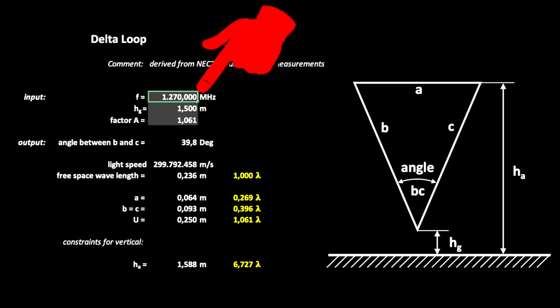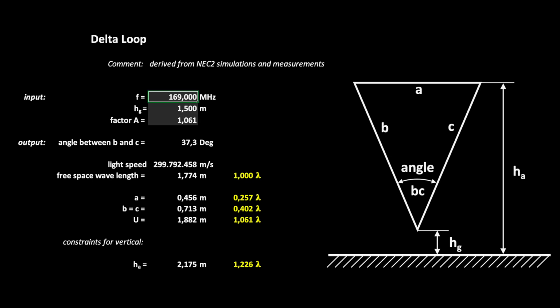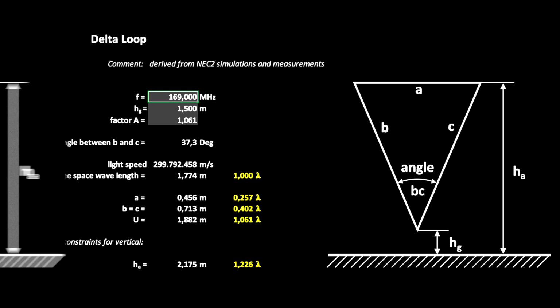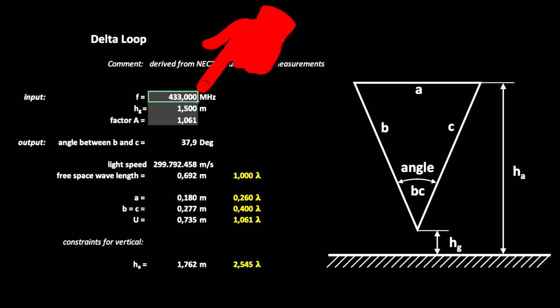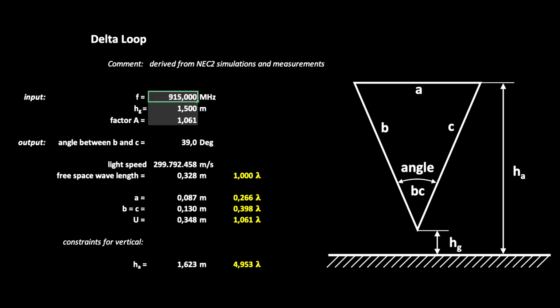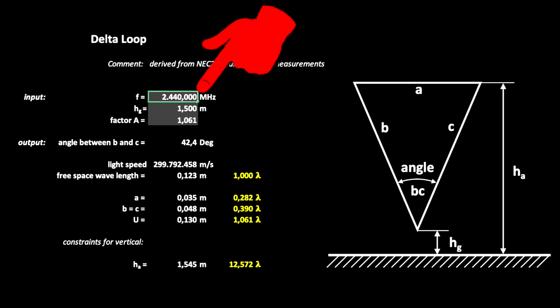And then we are computing designs for all worldwide LoRa frequencies, 169 MHz, 433 MHz, 868 MHz and 915 MHz. And finally, there are the dimensions for Wi-Fi frequencies 2.4 GHz and 5 GHz.